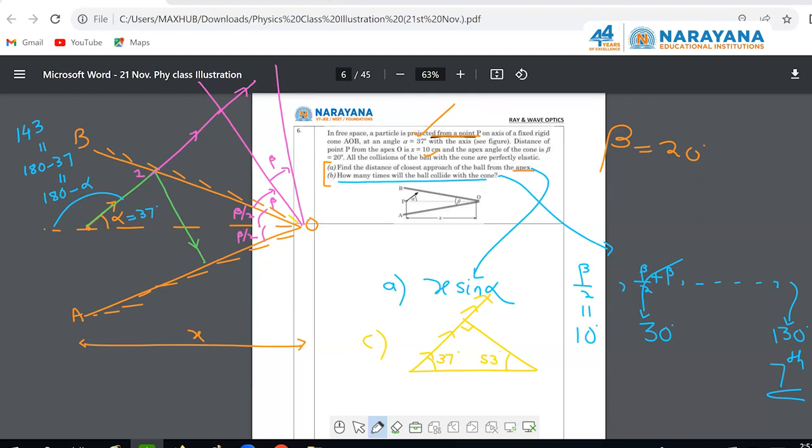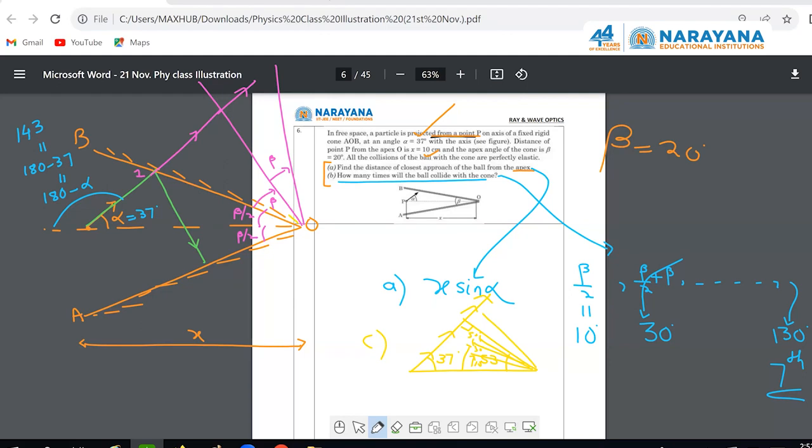And before that, beta by 2. So beta by 2 was 10. So one orientation was 10 degree, then there was an orientation of 30 degree, and then there was orientation of 50 degree, and then the next orientation. So between third and the fourth collision, this happens.